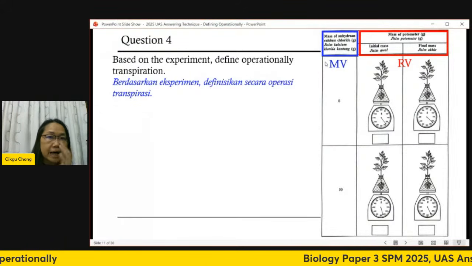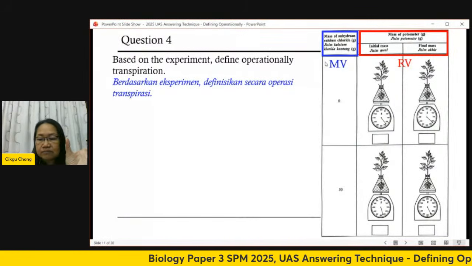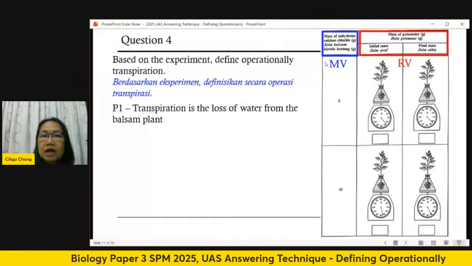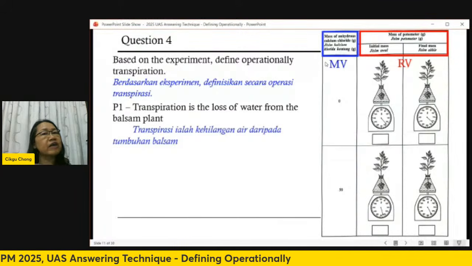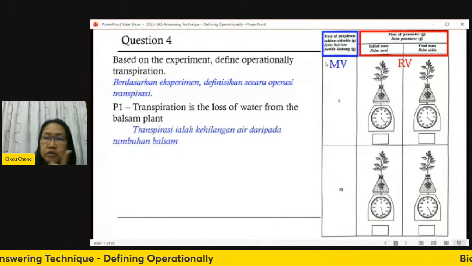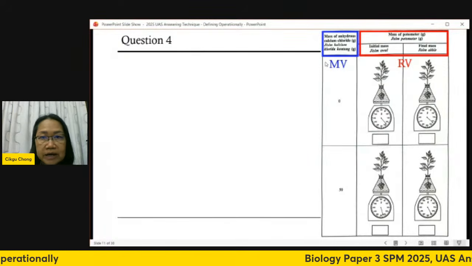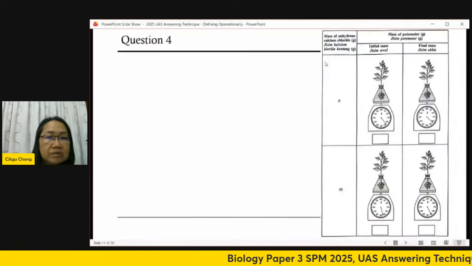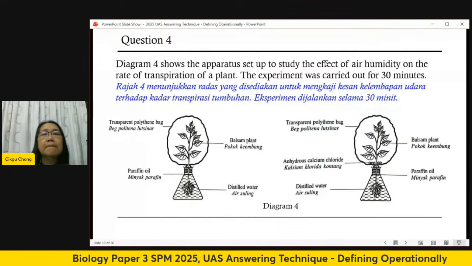Always remember, you start with a definition. You want to explain something, you must say this is. So transpiration is the loss of water from the balsam plant. This one has to be specific, because in your experiment, if you look at the previous diagram, you see the diagram here? What plant did they use? They used balsam plant.